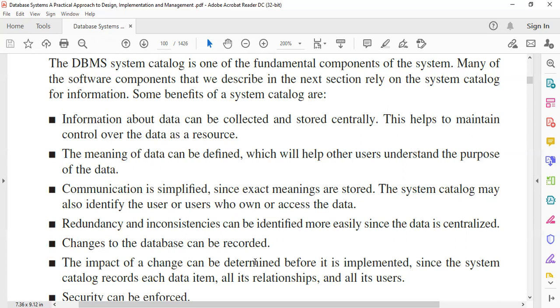It will also help us record the changes. Remember, one of the metadata you're storing is those transactions that have been made. So for any changes on the database, we have a record, and whenever I want to undo those transactions, we're able to know what changes really took place.